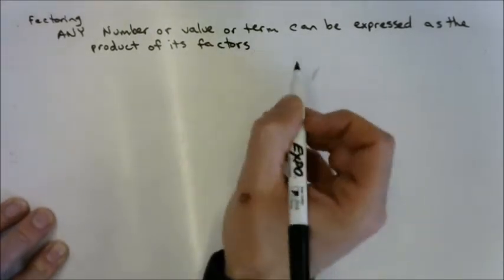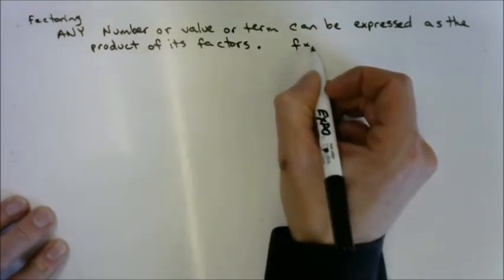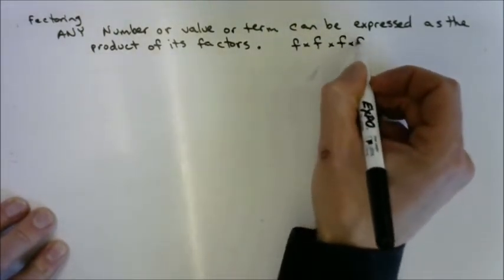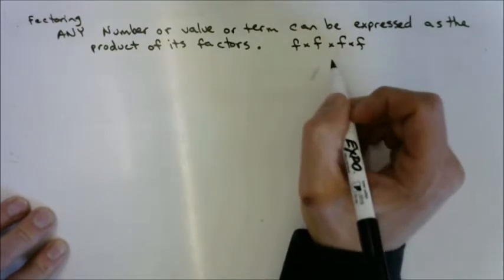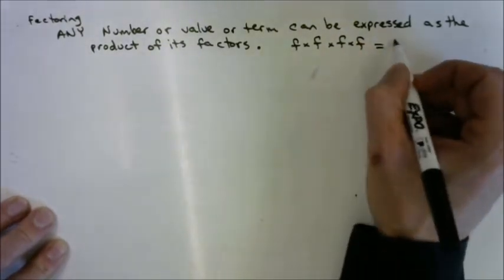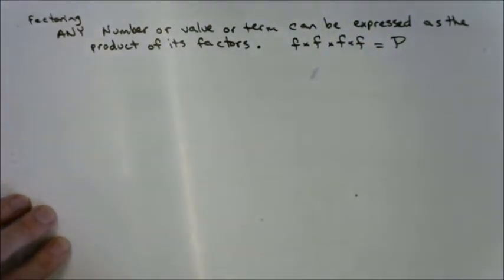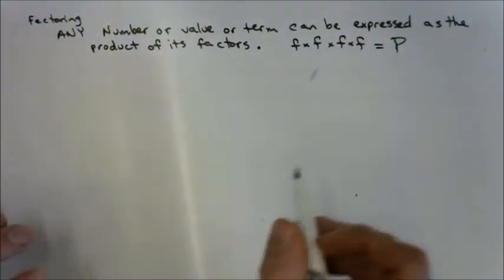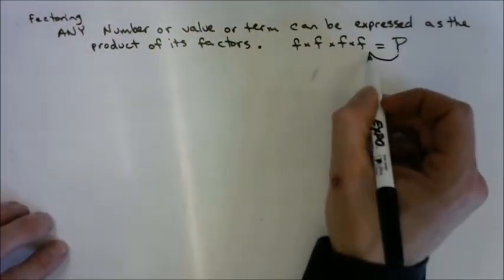Okay, you need to get these terms straight. Factor times factor times factor times factor. Anything you multiply is a factor. And when you multiply them all together, the answer is a product. You can also split your product into factors.